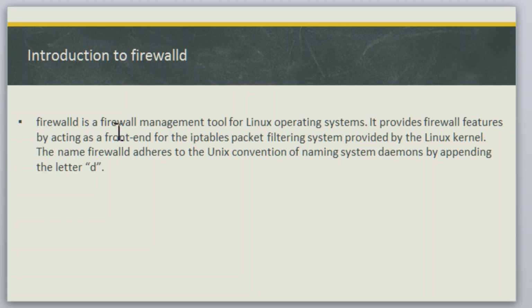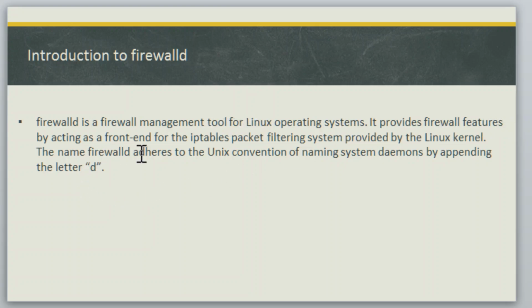The firewall is controlled by a firewall daemon, and firewalld is a firewall management tool for Linux operating systems, okay? It provides firewall features by acting as a front end for the iptables packet filtering system provided by the Linux kernel.